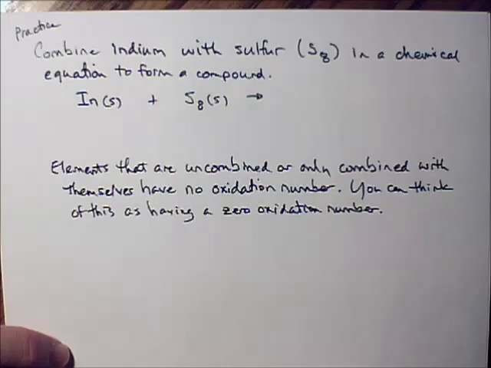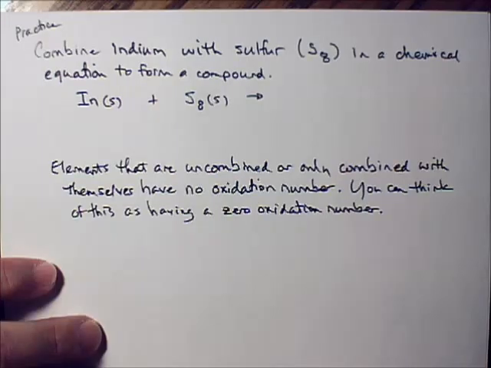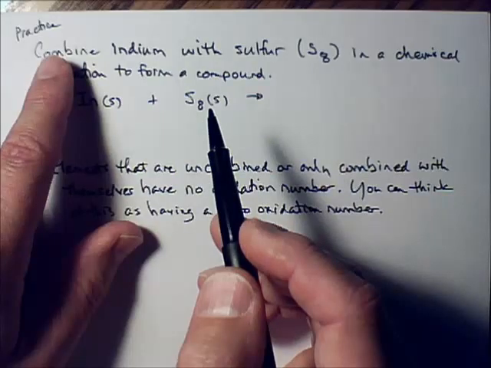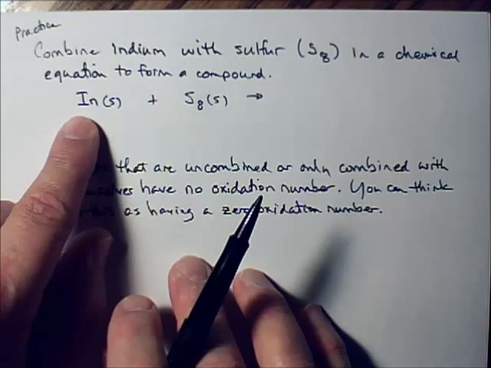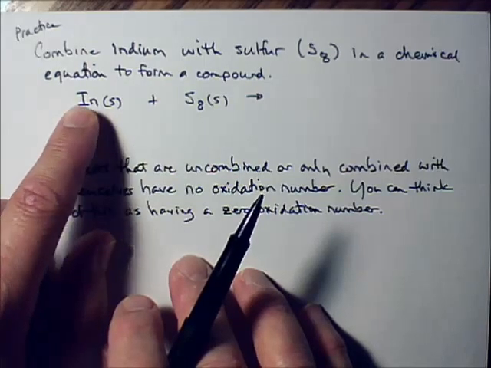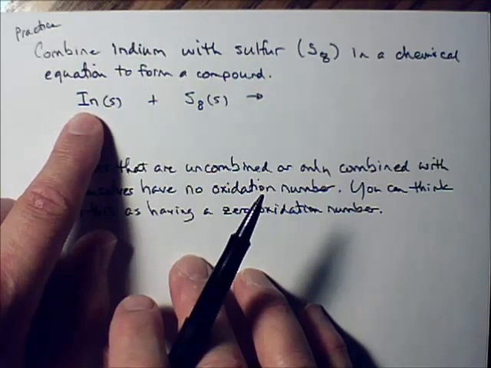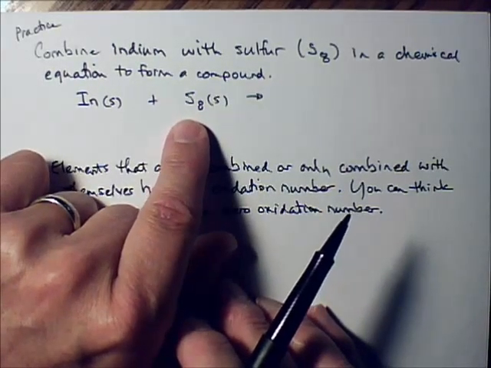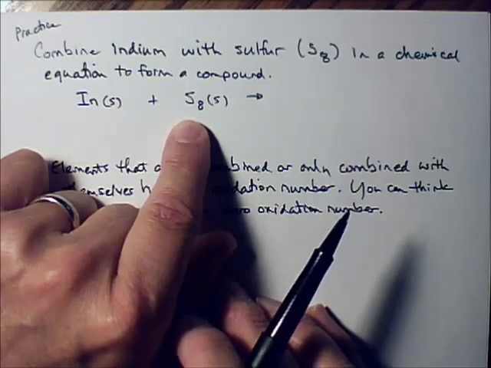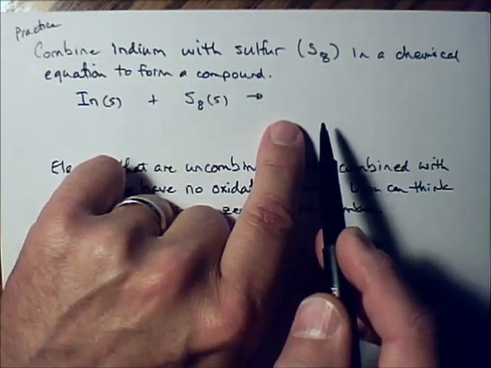All right. What kind of an element is indium? It is a metal. It's a transition metal, but it's a metal, right? And what kind of element is sulfur? A non-metal. So when we put those together, we're going to make what kind of compound? Ionic. Which means the indium and the sulfur, when we put them together, will have charges.